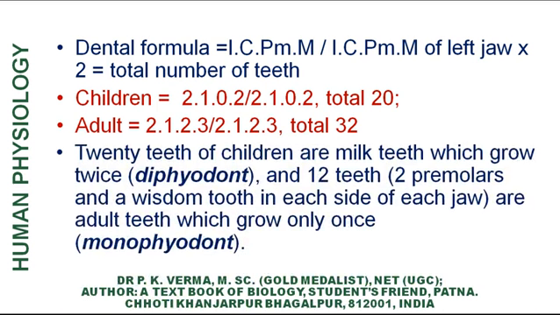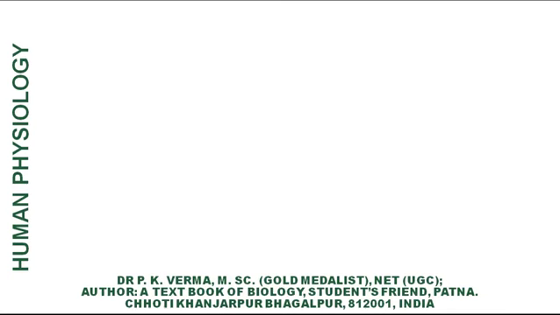The 20 teeth of children are milk teeth or primary teeth that grow twice in life, so these are diphyodont. And the 12 teeth, two premolars and a wisdom tooth on each side of each jaw, are adult teeth that grow only once, so these are monophyodont.